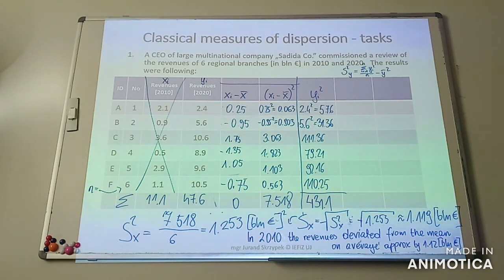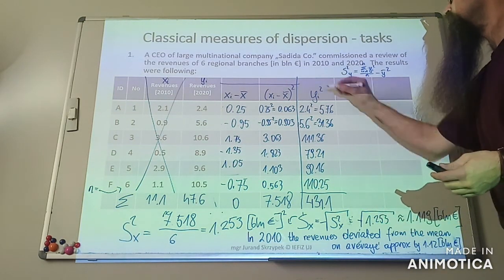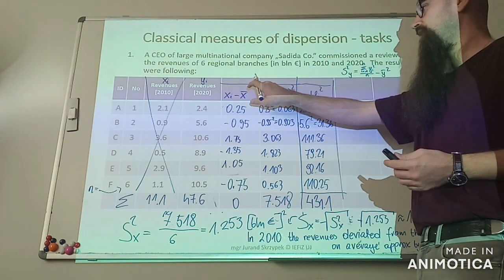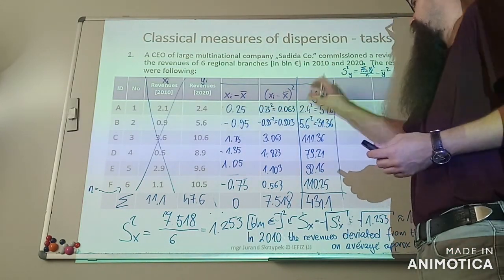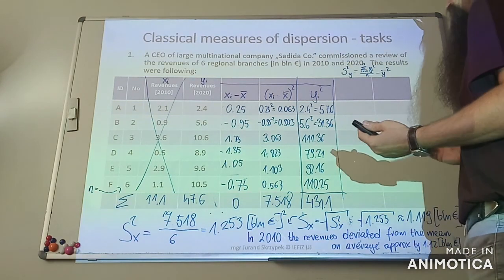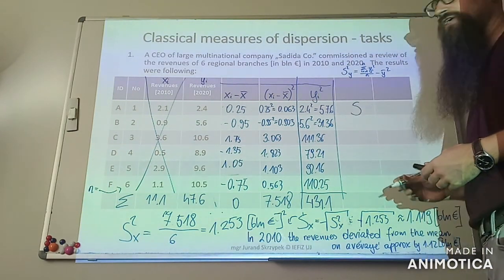Now on the basis of one column, yeah, here I needed two columns. Now I need only one column in order to compute the variance of attribute y values.